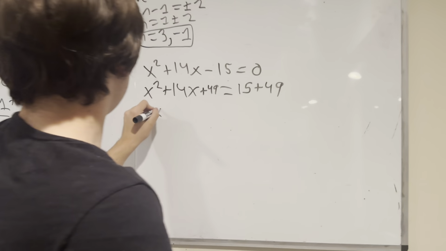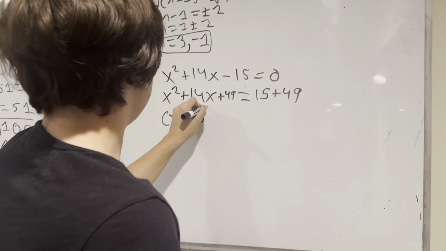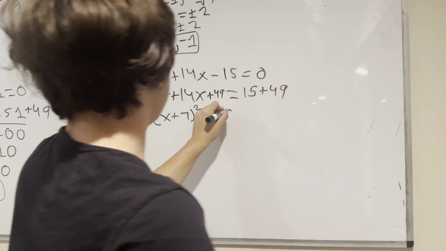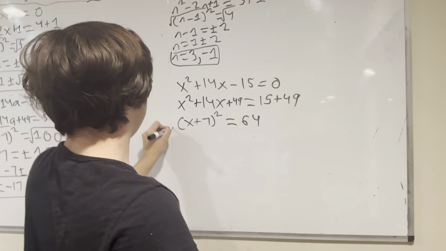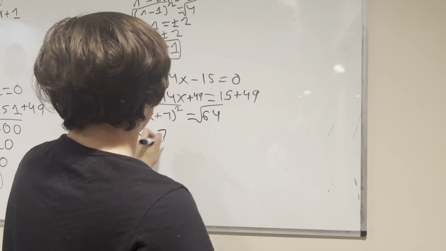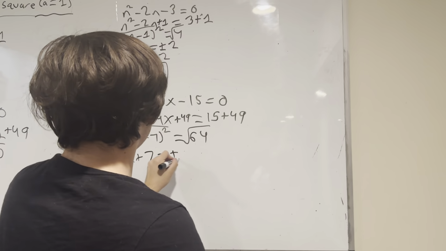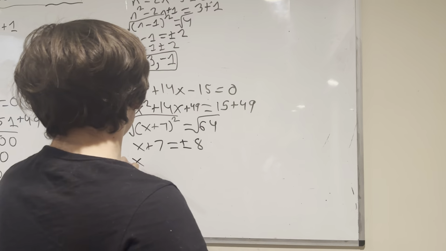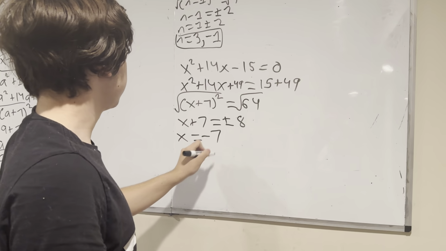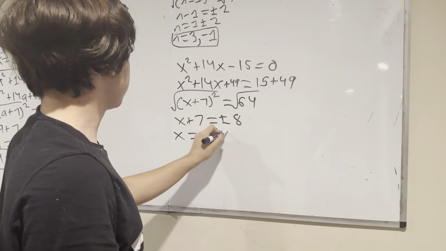I get x plus 7 squared, and that's going to equal 64. Take the square root of both sides. x plus 7 is going to equal plus or minus 8. So x is equal to negative 7 plus or minus 8. So x will equal negative 15 or positive 1.